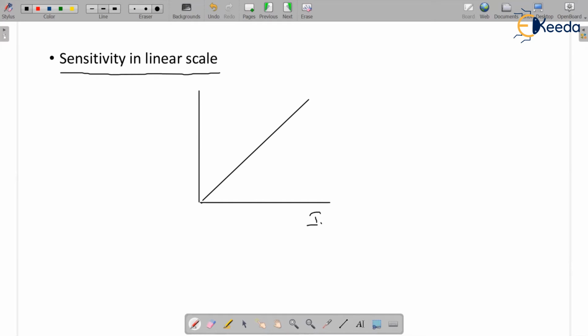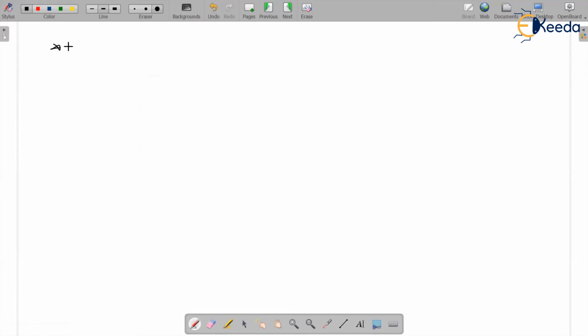If I treat this as the input I and this as the output theta, then for all linear scales sensitivity is always constant.